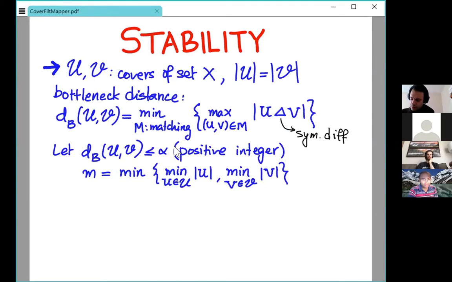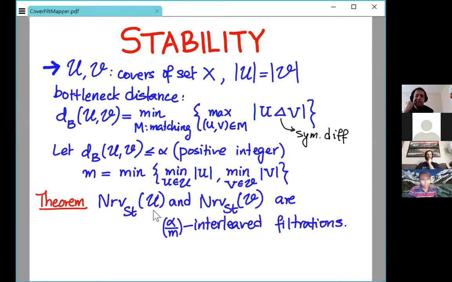So if you are given some bound alpha on the bottleneck distance, and the cardinality of the smallest cover element in either cover U and V is M, then we are able to say something about the Steinhaus filtrations generated by U and V. The theorem says that the Steinhaus nerves of U and V are alpha over M interleaved filtrations.